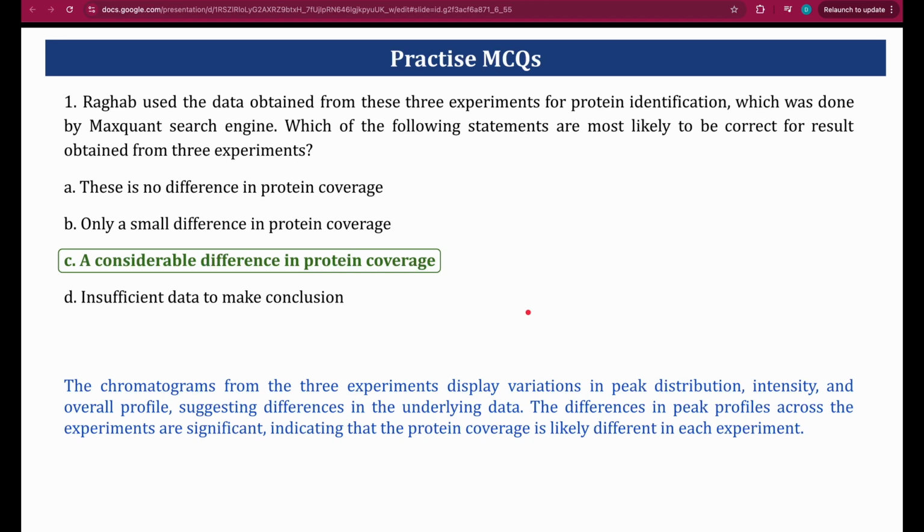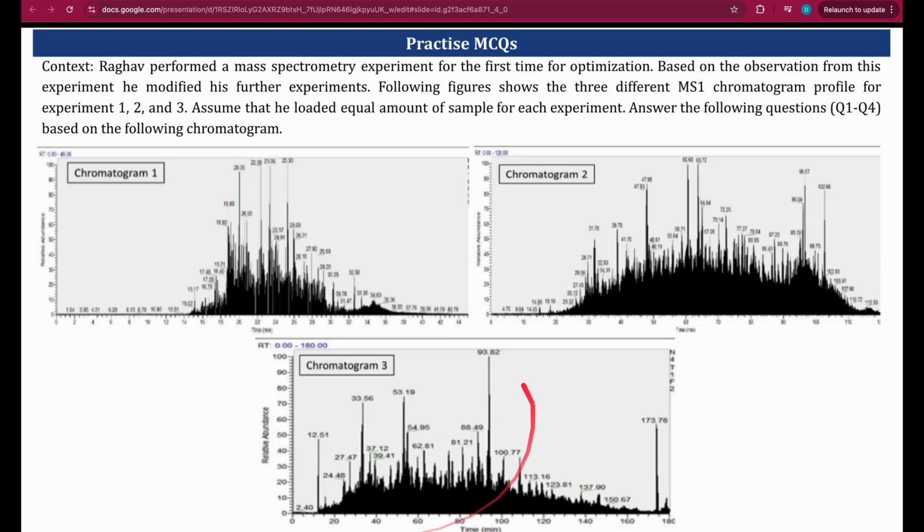So the correct answer will be option C. The chromatograms from these experiments show variation in the peak distribution, intensities and overall profile, which suggests a difference in the underlying data, and these differences in peak profiles across the experiments are significant, because I have shown you that in this case the abundance value was also higher, 93.62. This is not insignificant, this is quite significant because the abundance is high.